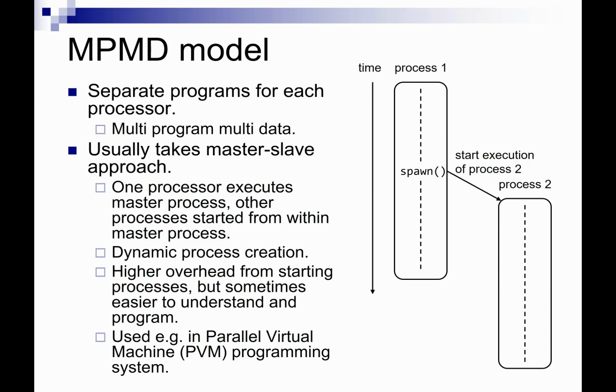If you want 8 processes, then from the outset, you have 8 processes. On the other hand, for the MPMD model, initially you start with 1 process. Then at some point, when you want more helper processes to help you do some work, you can spawn more processes. So the number of processes can vary over time, and the processes are created dynamically.